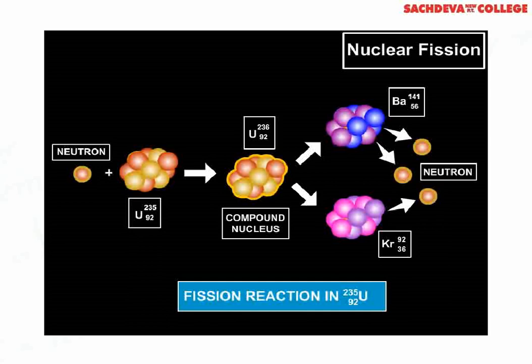It is not necessary that the mass numbers will be 141 or 92. It can also be krypton-95 and barium-138. So 3 neutrons are always produced. This is what's shown in this particular animation.